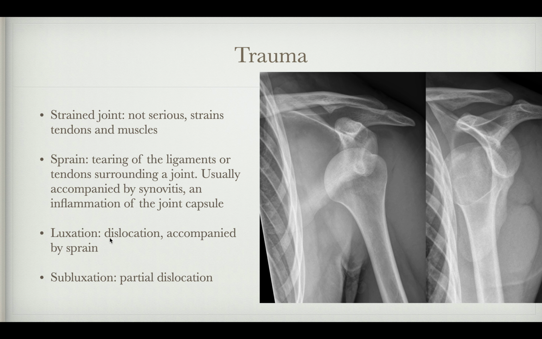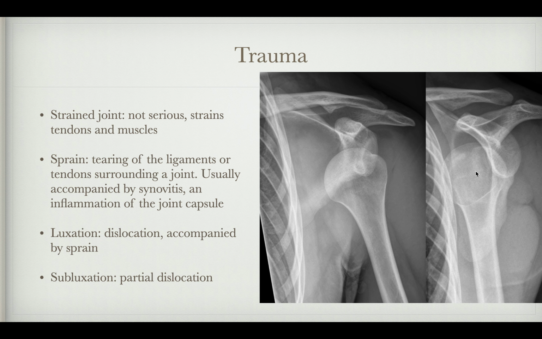More serious is luxation. If you can see here, this is a complete luxation. Here is the head of the humerus, and here is the glenoid fossa. This should be right here. So this person has dislocated their arm anteriorly, so it has come forward. Here it is, still there, different view.